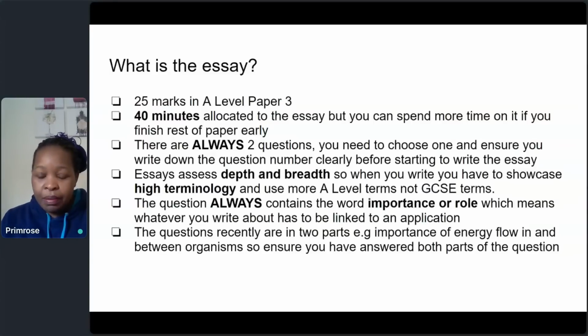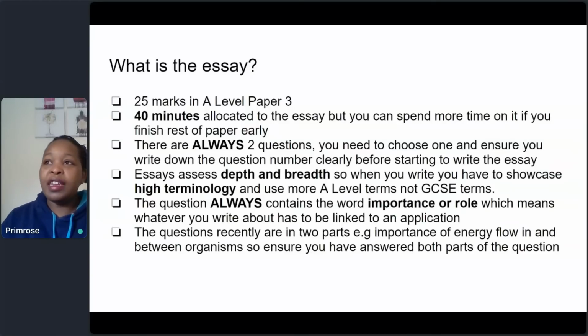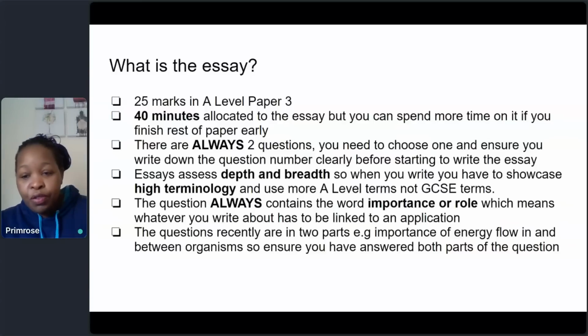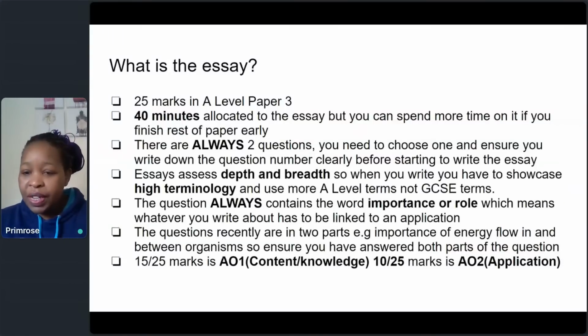It will say importance of something, and then it uses in and between, so importance of transport in and between cells, that sort of thing. So you need to really read the question and check that you're answering both parts of the question before you start as well. Now, I'm going to show you a method of answering essay questions, so just structuring them.